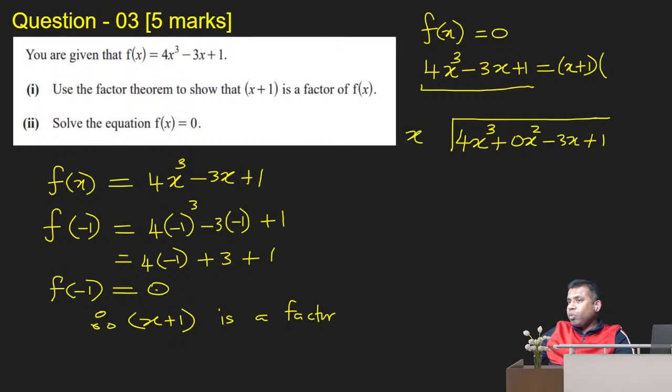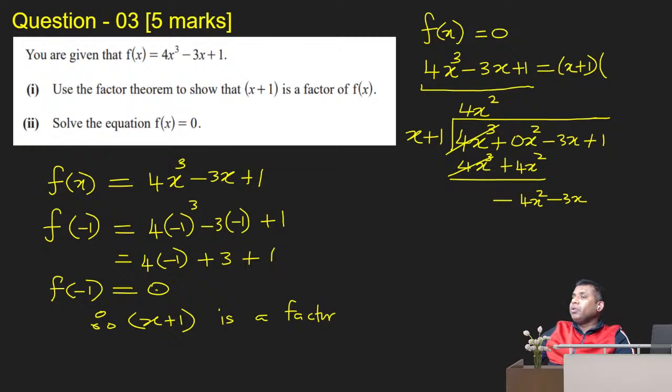So x plus 1 you are going to be dividing by. First of all, how to do this one? 4x cubed divided by x is 4x squared. So you multiply 4x squared times x is 4x cubed. Then 4x squared times 1 is 4x squared. If you take one from the other, this and this cancel off, so you will end up with minus 4x squared minus 3x, right?